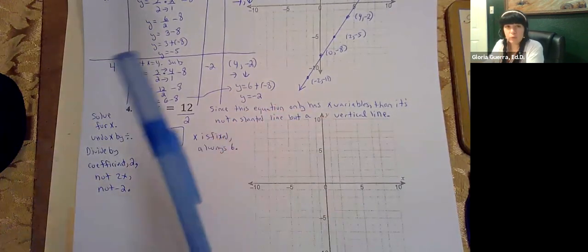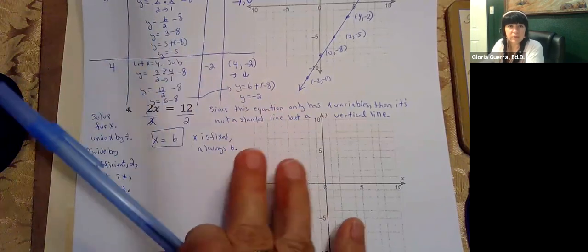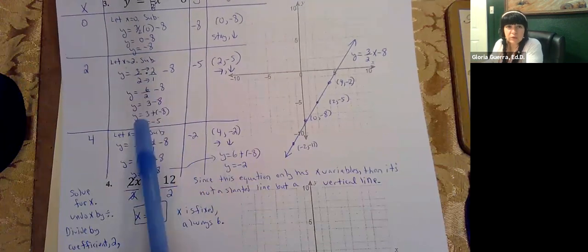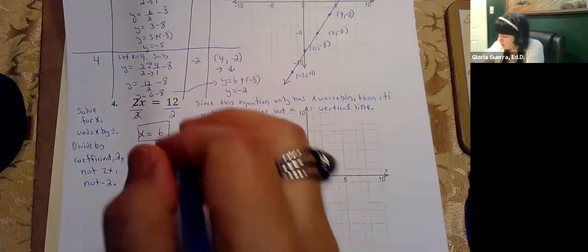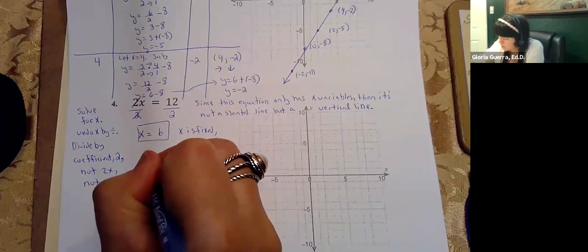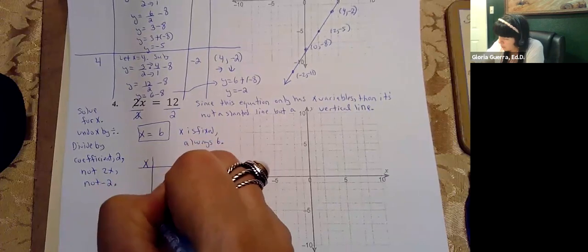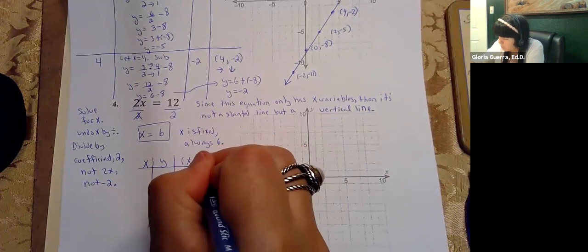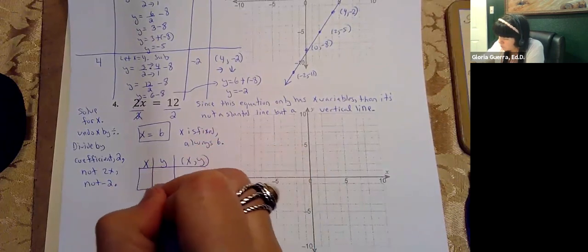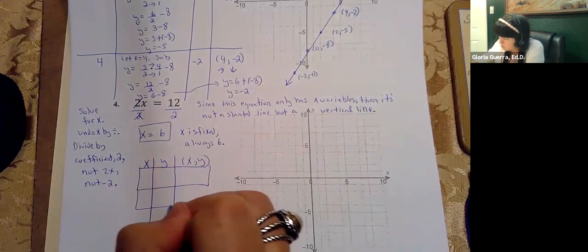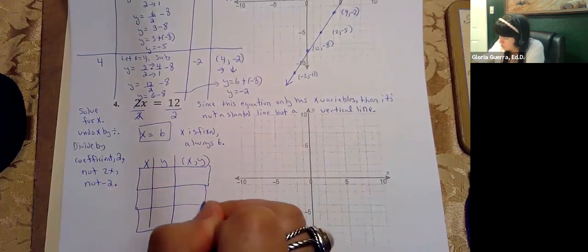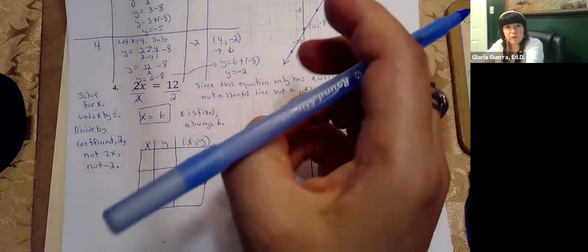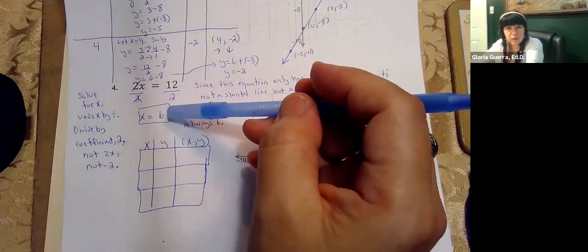So your table won't look like this. There's not a lot of algebra. Your table is going to be short and sweet, and I'm going to make it look like this. Okay, because this is the only algebra that you need on the vertical and the horizontal lines.